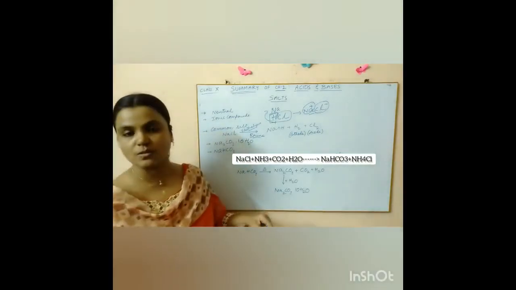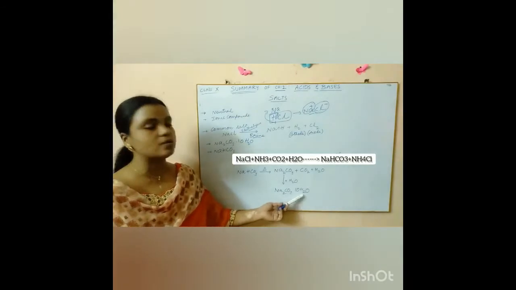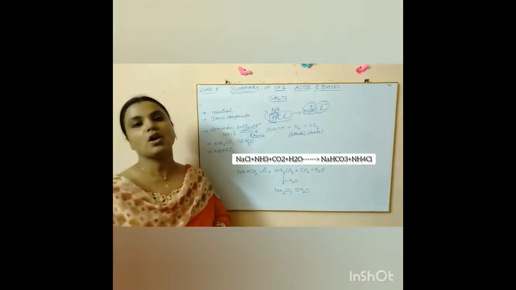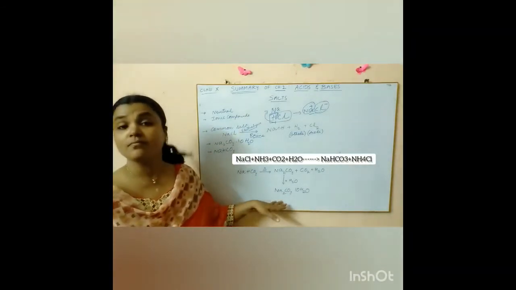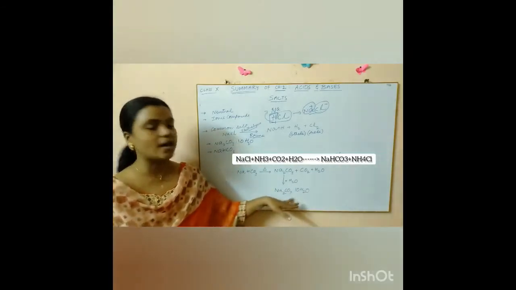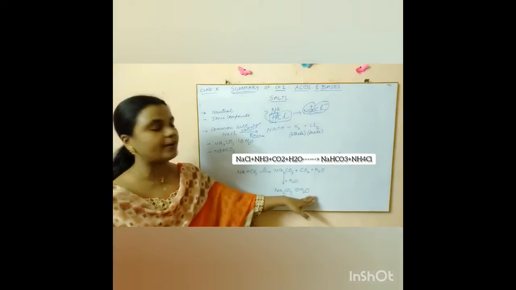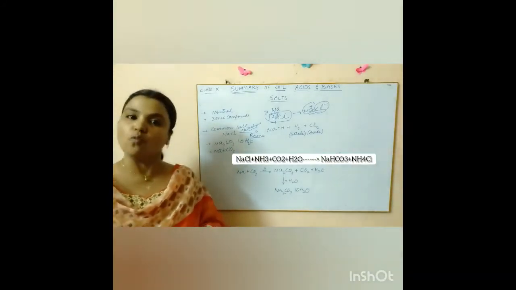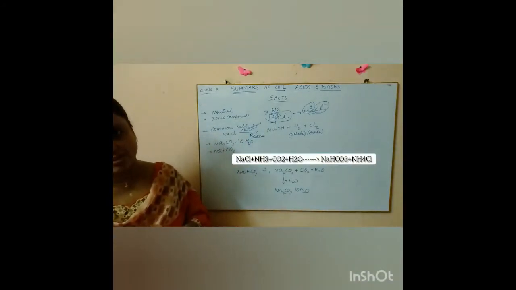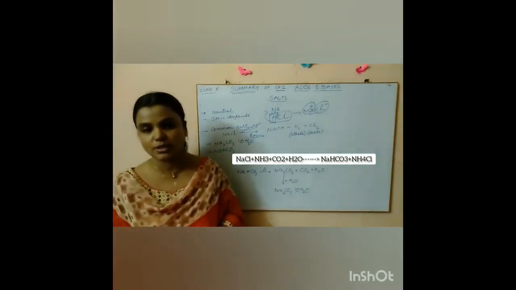It's not washing soda. If it has 10 molecules of water along with it, then we call it washing soda. Washing soda is also called sodium carbonate decahydrate. Decahydrate means 10 molecules of water are present along with the structure. Got it? Till here you are going to have your assessment tomorrow.